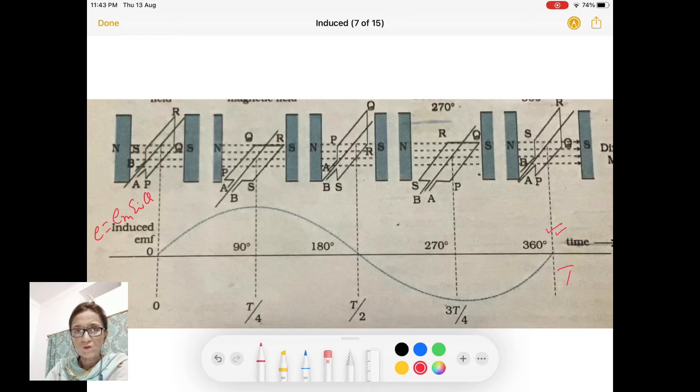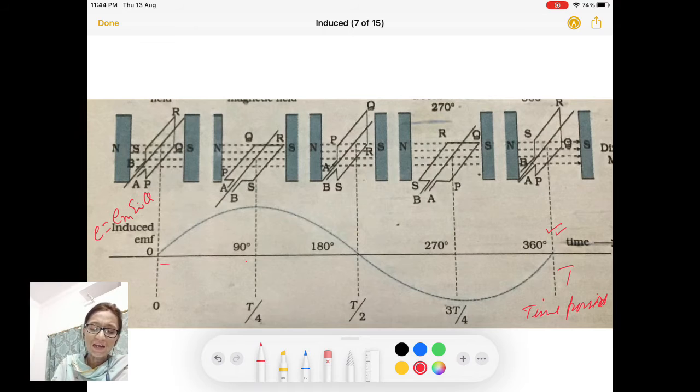So this is your 360 degree angle, and in one complete rotation, the time taken is called one time period. This capital T is showing your time period. This x-axis is graduated in 4 equal parts, and each part is equal to 90 degree or T upon 4.